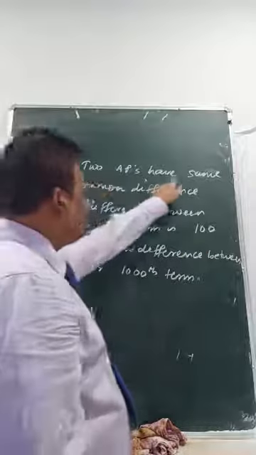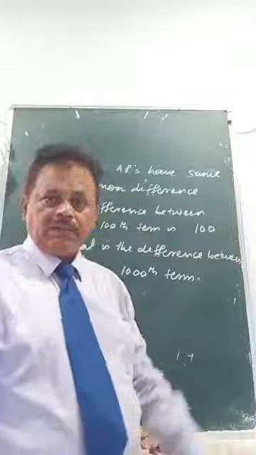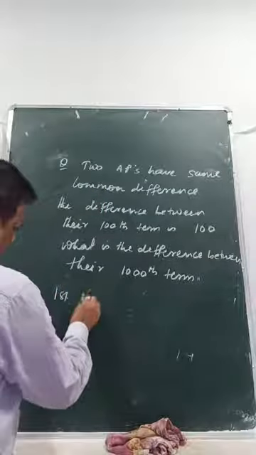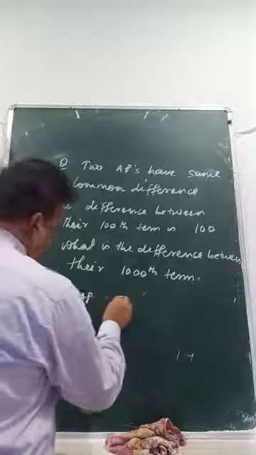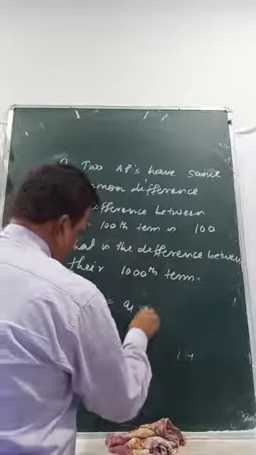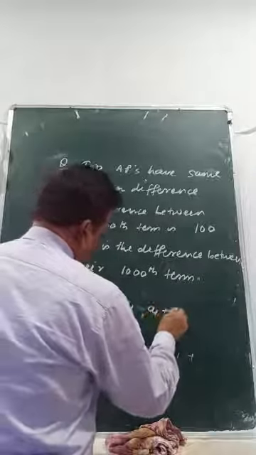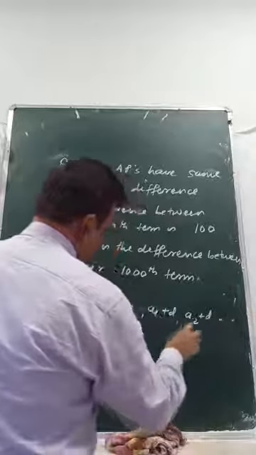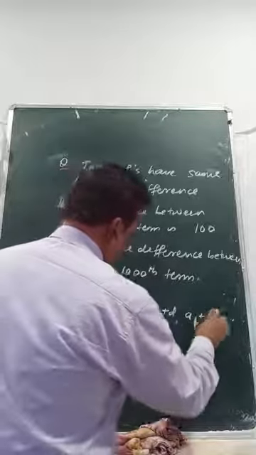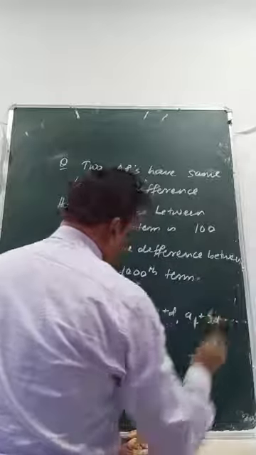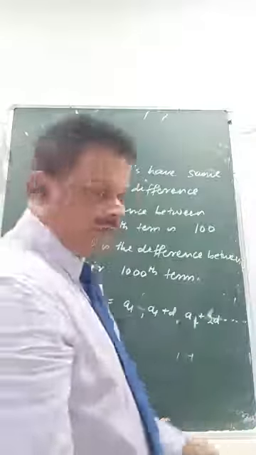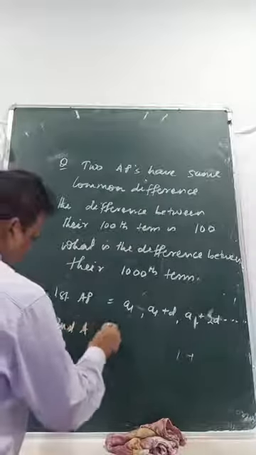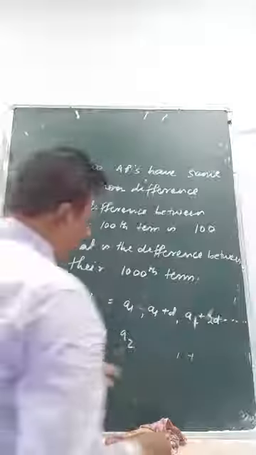Two APs have the same common difference. That means the first AP, suppose, is A1 plus B, A1 plus 2B, like this. The second AP, suppose its first term is A2.